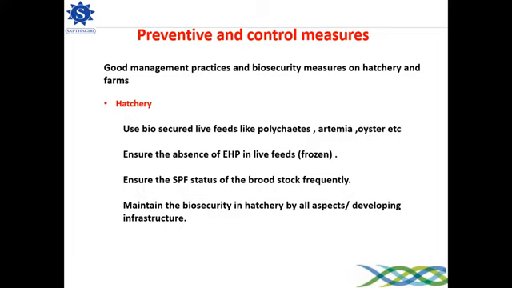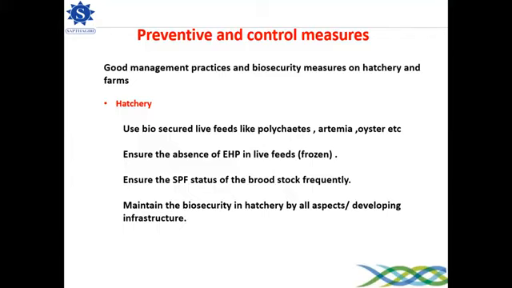Unlike other testing methods, EHP testing is a non-lethal method. We can use fecal threads from the maturation section to track the EHP status and maintain biosecurity in the hatchery in all aspects.